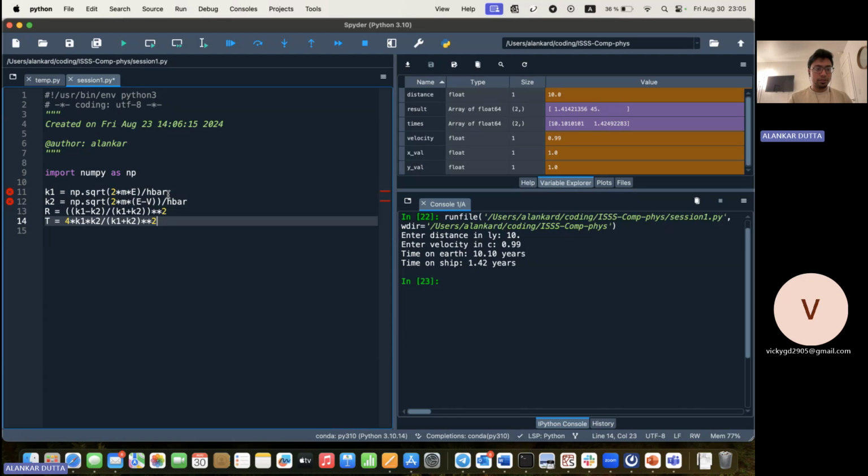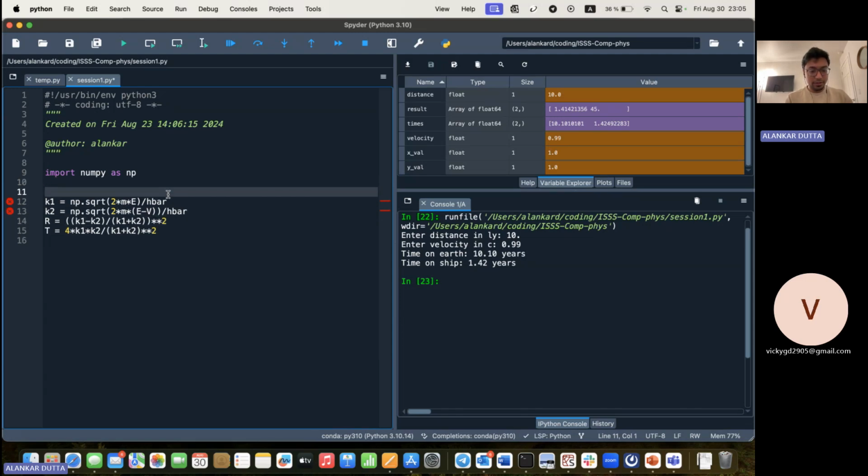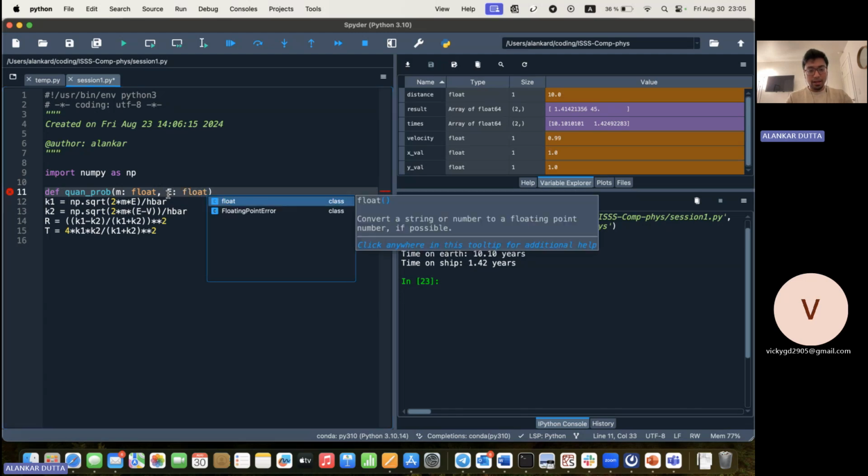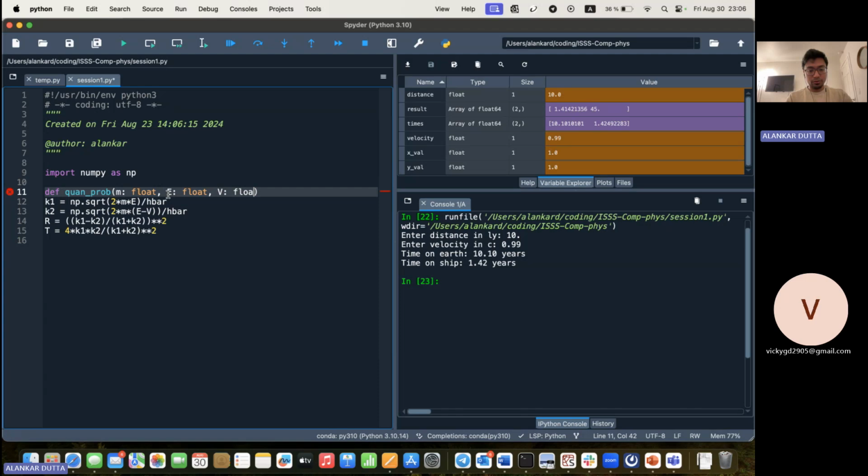And now let's wrap this in a function. This will be def, let me call it quant_prob. So what are the things that we will need? We will need the mass, which is obviously a float. We need the energy of the particle, which is again a float. And we need the size of the potential, which is again a float.